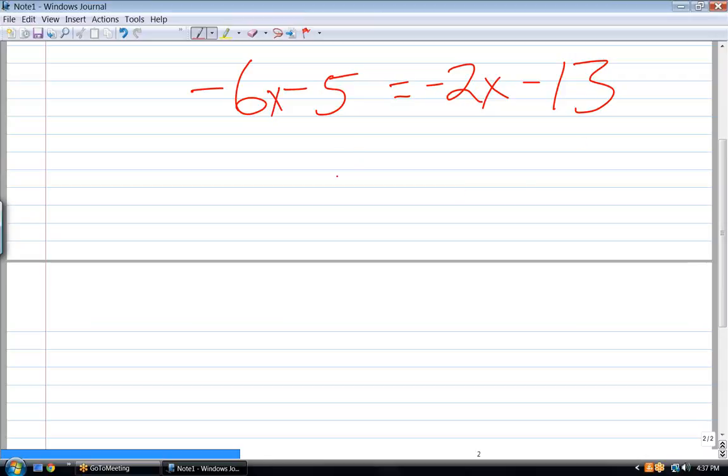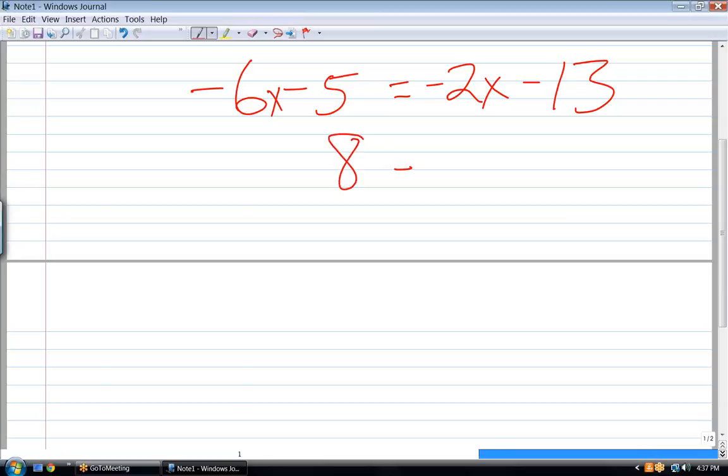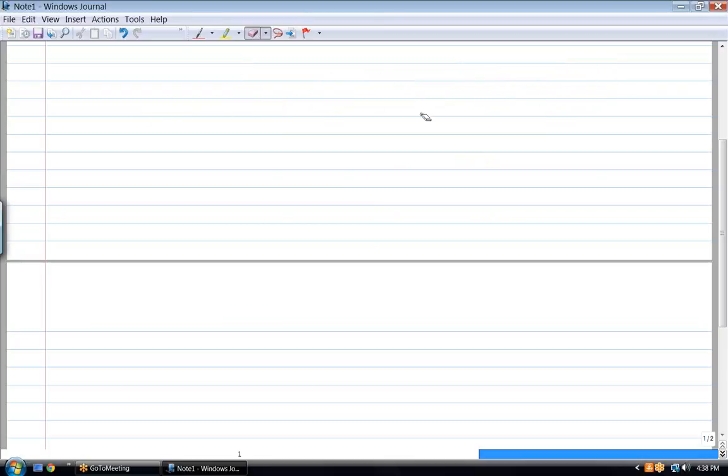Yeah, and then you get positives anyway. Yeah, then you get 8 equals 4x, and we're done also. So I didn't really need to take that first step. But it's useful to know that you could if you wanted to. In other words, if you have an equation that has negatives in front of everything, you can just change them all to positives. Yeah. Okay, what's the next one you got?